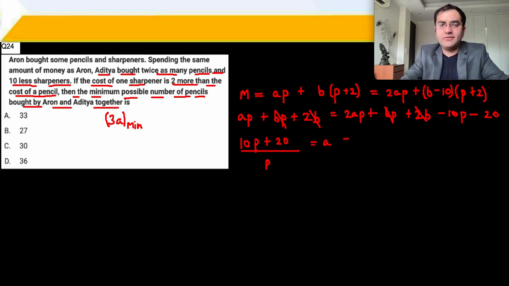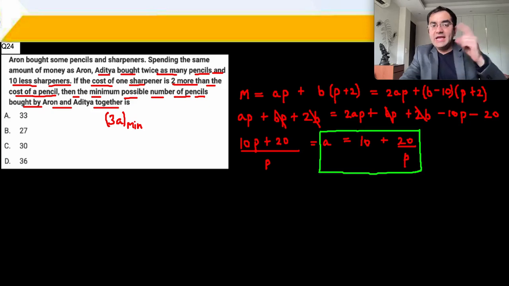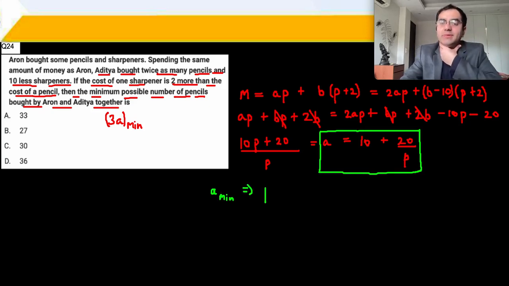Please check if you have understood till here. Now I have A and again simplify. It becomes 10 plus 20 upon P. A is equal to 10 plus 20 divided by P. A has to be minimum. For A to be minimum, P has to be maximum, and A is an integer, right?